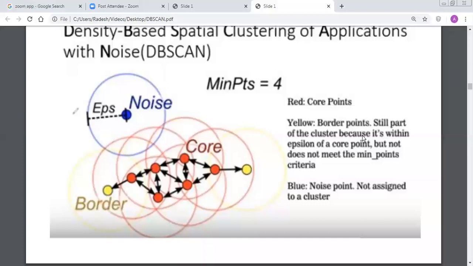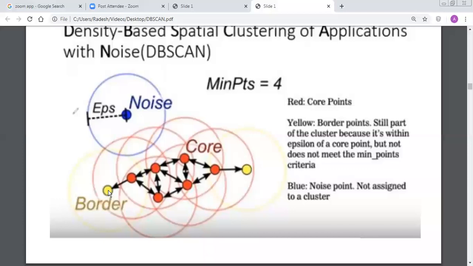The next one, yellow, is the border point. It is still part of the cluster because it is within epsilon of a core point, but it does not meet the minimum point criteria. So we call this the border point. And in order to become a border point, what is the criteria? It should not satisfy the minimum point criteria. The number of points within the circle should be less than the minimum points.